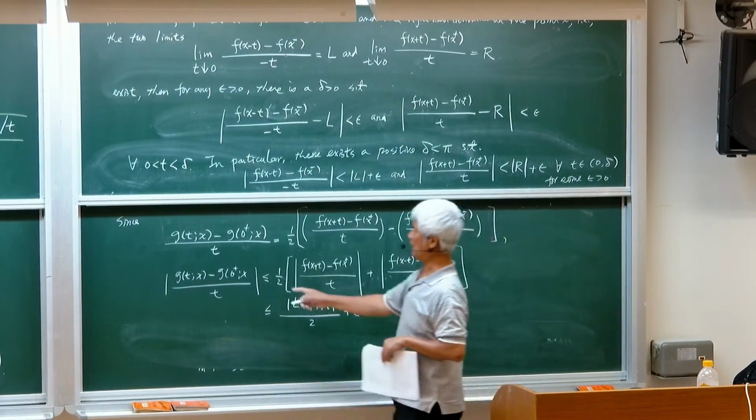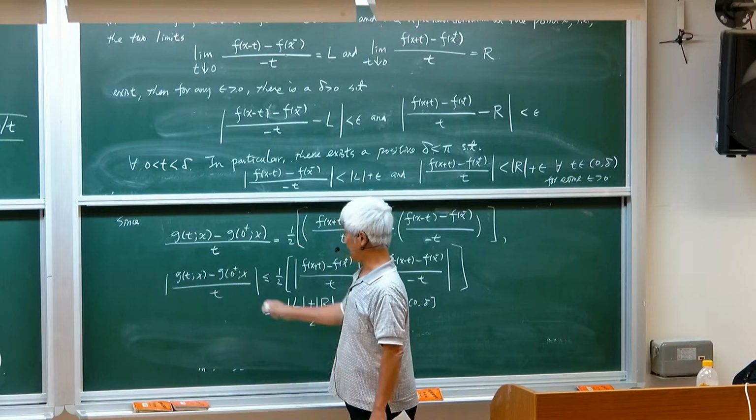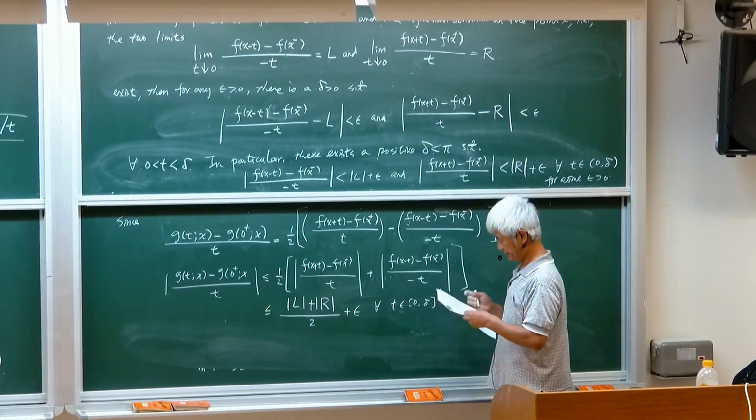So we find an upper bound for the absolute value of this function for all t between 0 and delta.